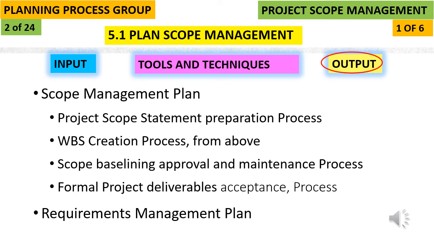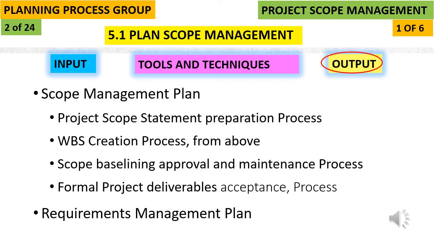Second, it should include the processes for creating the WBS from the project scope statement. Once we have developed the project scope statement, we should also have a process for how to create the work breakdown structure from it.